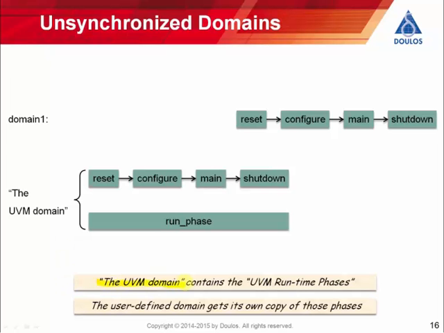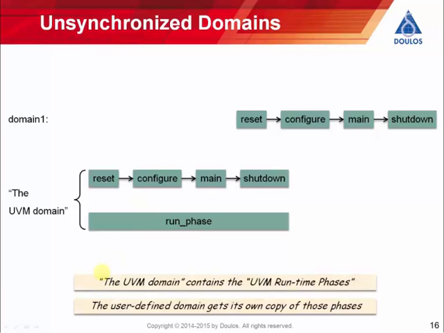The UVM domain contains the so-called UVM Run-Time Phases. So these guys are the UVM Run-Time Phases. Well, you might be glancing up at the top of the screen here and saying these guys are the UVM Run-Time Phases as well. Well, yeah, they kind of are, and I'll show you how that works in a minute.